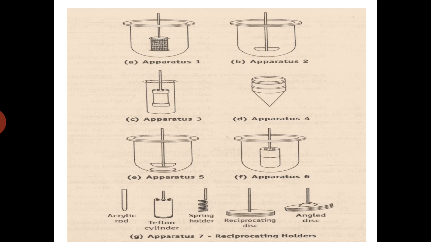The fourth one is the flow through cell. Flow through cell is also highly used for poorly soluble drugs as well as granules, very poorly soluble drug molecules. This is an example of a dialysis system or an open compartment system. Poorly soluble drugs require a larger amount of dissolution fluid.